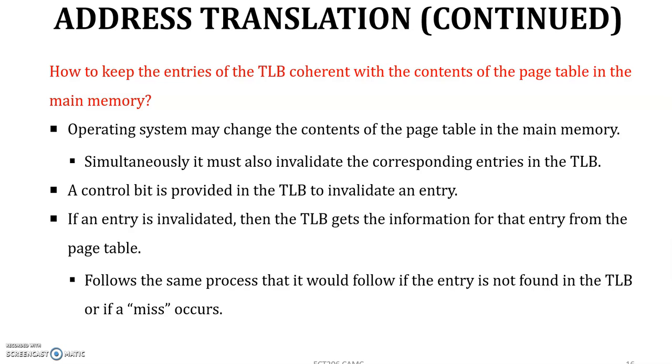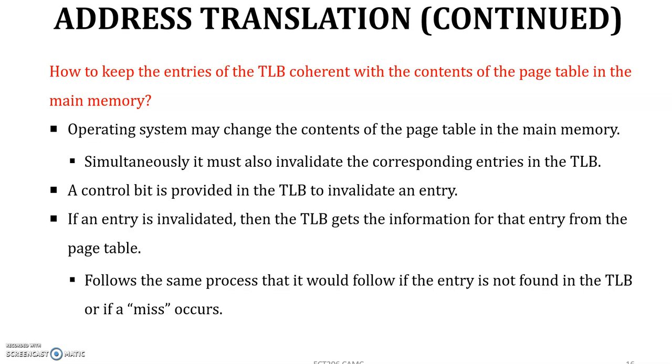How do we keep the entries of the TLB coherent with the content of the page table in the main memory? Coherent means the content of the TLB and the content of the page table in the main memory should be the same. The operating system sometimes changes a page table entry in the main memory. Simultaneously, it must also invalidate the corresponding entry in the translation look-aside buffer.